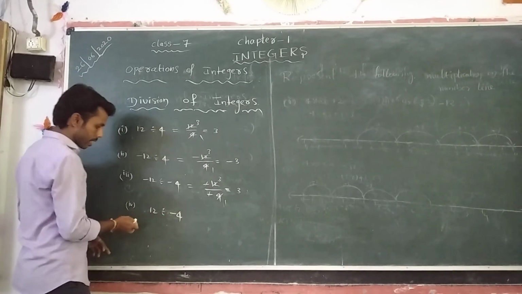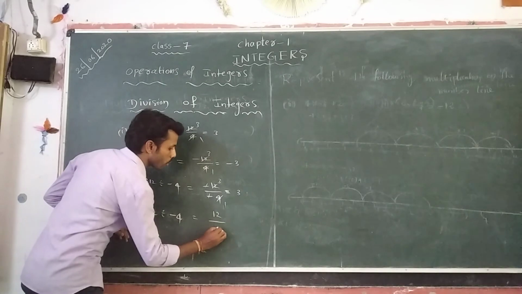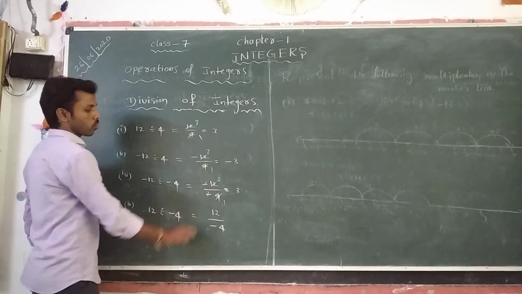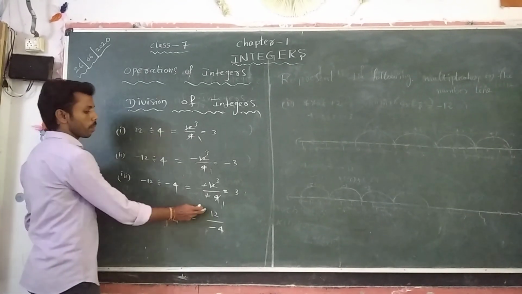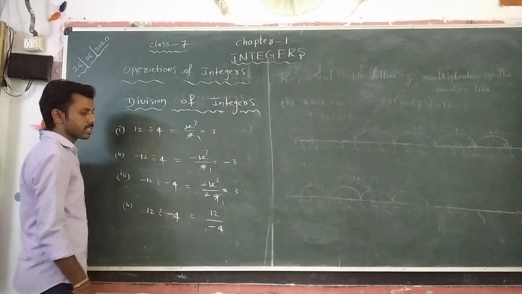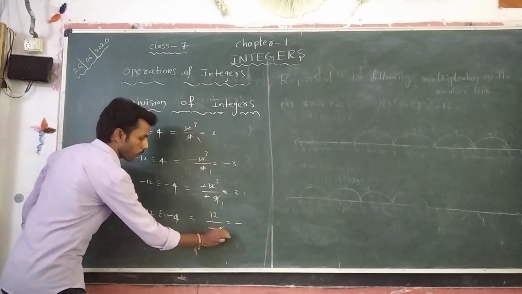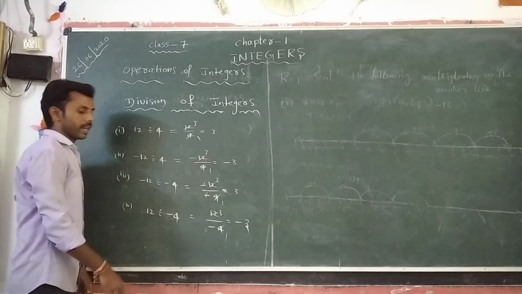Next, fourth example: 12 by minus 4. Plus 12 is a positive integer and minus 4 is a negative integer. One positive integer divided by one negative integer is always negative. 4 threes are 12, so minus 3.